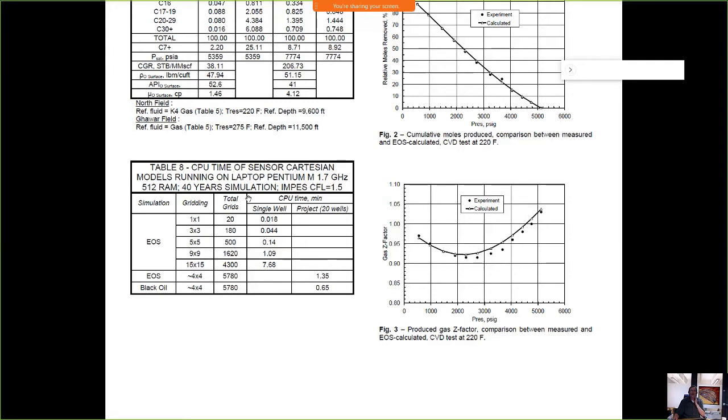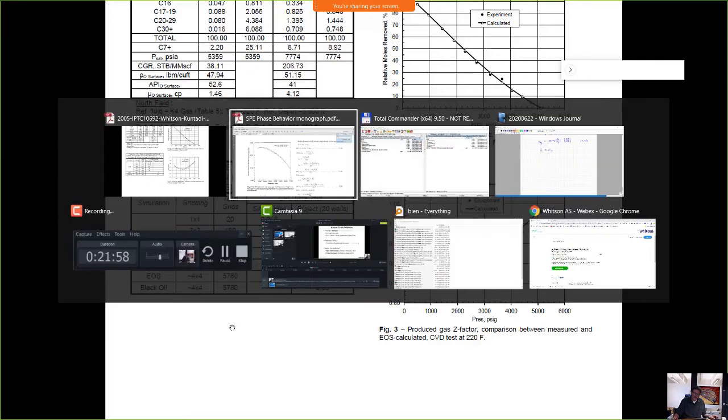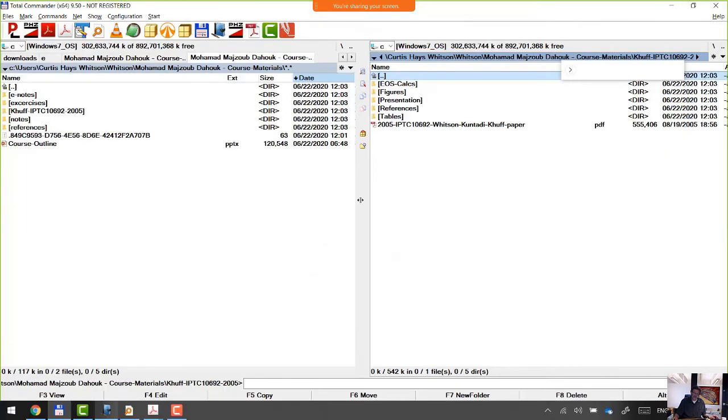This was published giving run times that were quite impressive for fully compositional and black oil runs. So anyway, all these files are using Sensor. It's a very simple input file and a simple output file.